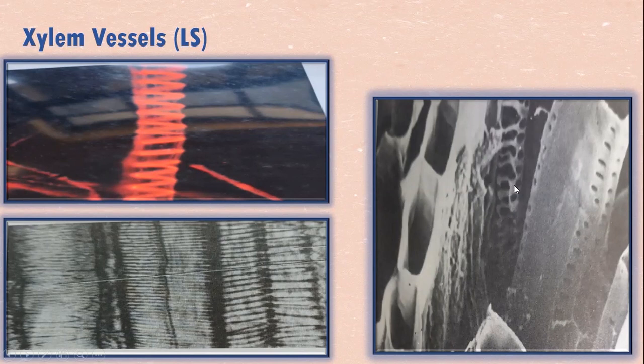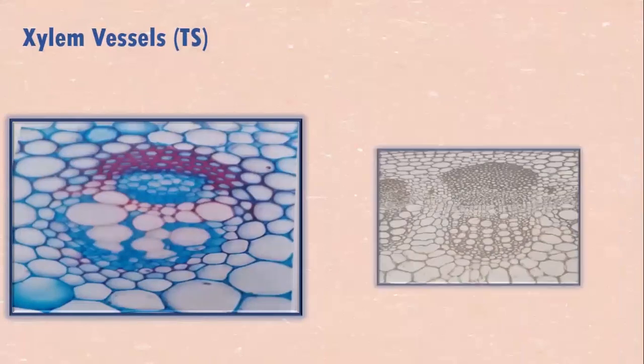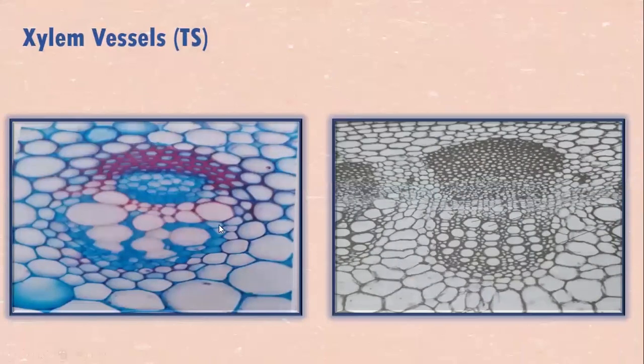These are pits. These are all pits. So these are all thick secondary walls. So this is how xylem vessels can be seen in LS, longitudinal section.